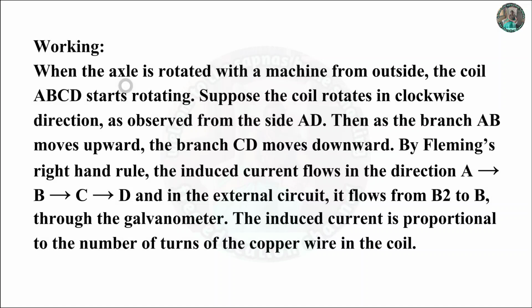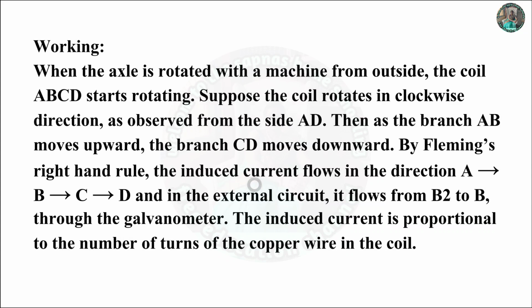Working. When the axle is rotated with a machine from outside, the coil ABCD starts rotating. Suppose the coil rotates in clockwise direction as observed from the side AD. Then as the branch AB moves upward, the branch CD moves downward, by Fleming's right-hand rule.